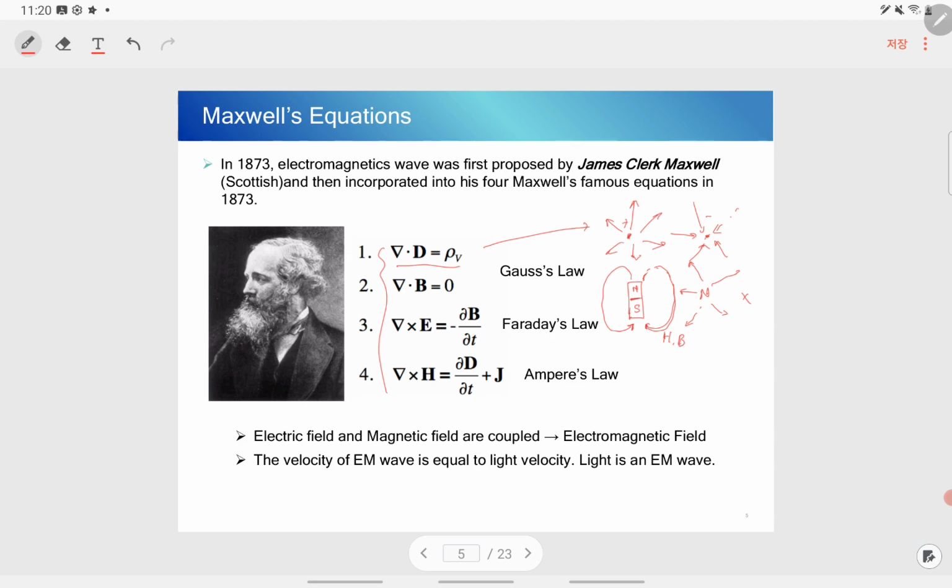About the third equation: a magnetic field changing in time can generate an electric field. This was discovered by Faraday, and it is Faraday's law.